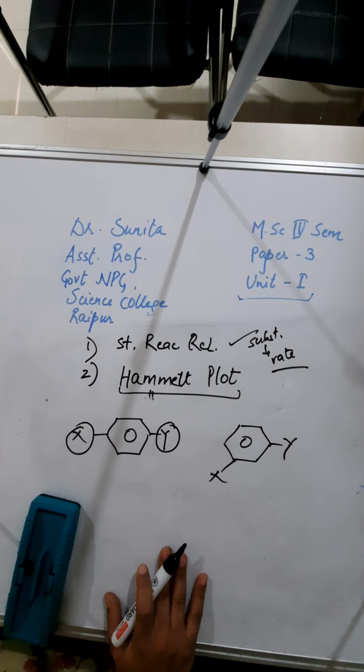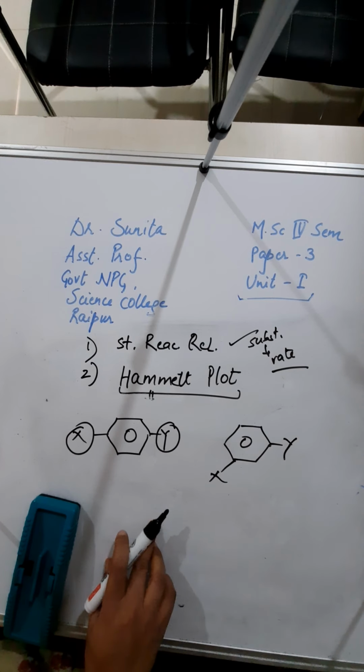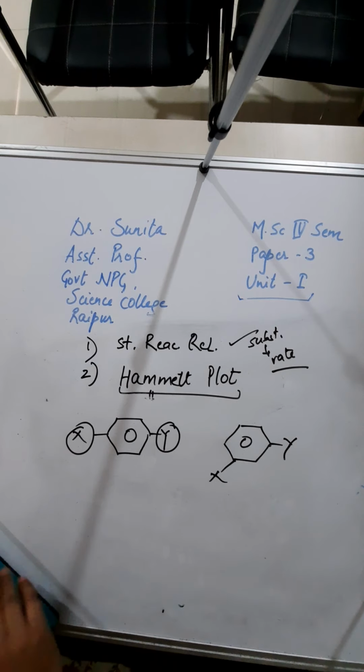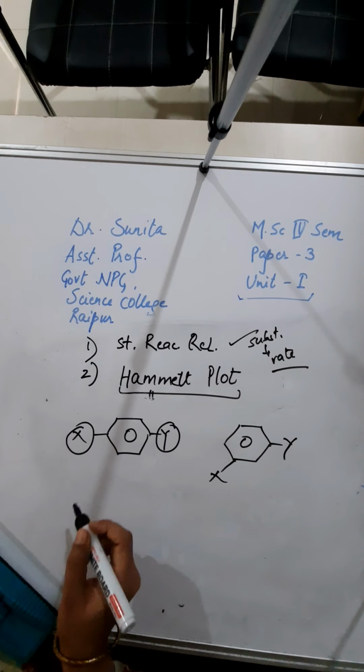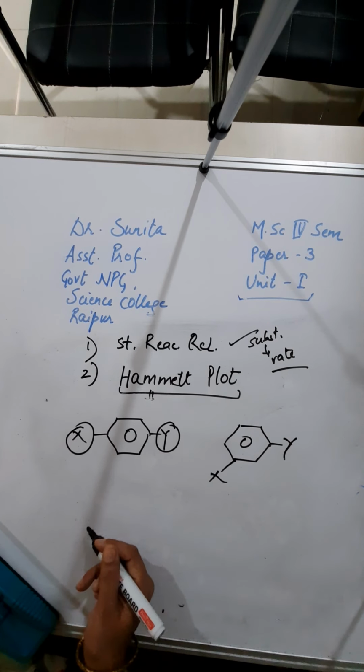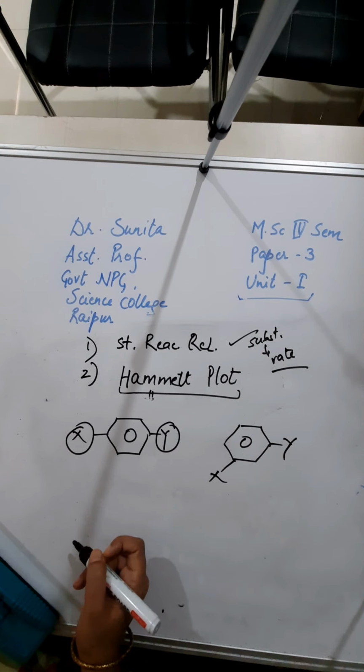Quantitatively, the electronic effect of each substituent relative to hydrogen may be obtained by comparison of delta G for the dissociation constant of substituted benzoic acid and that of the unsubstituted benzoic acid.